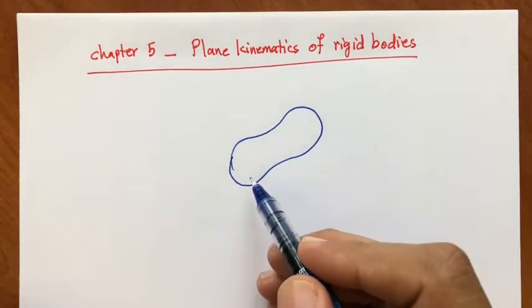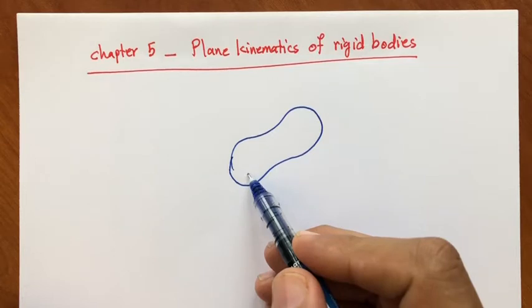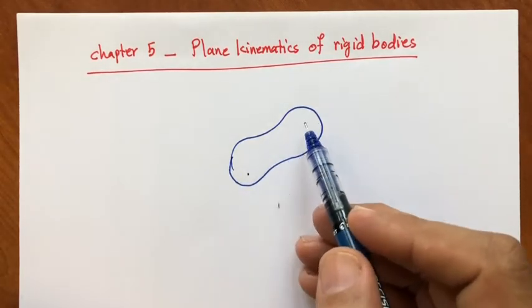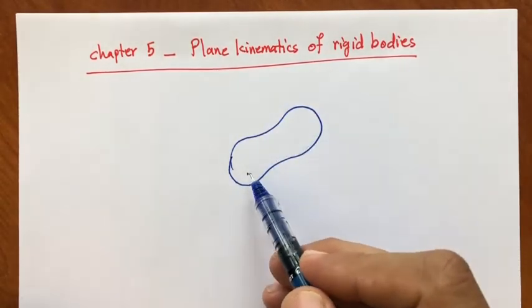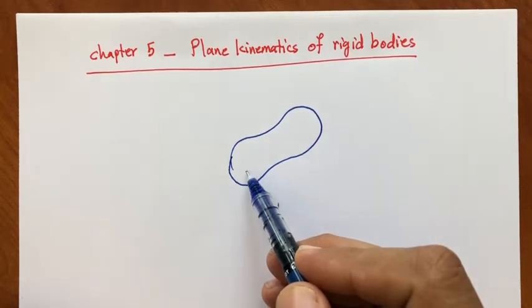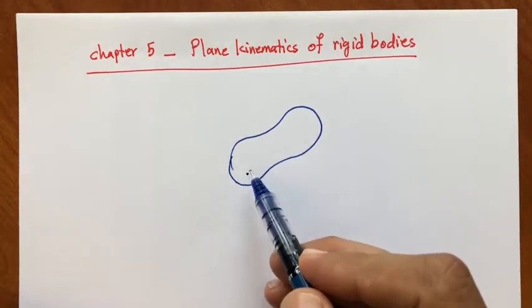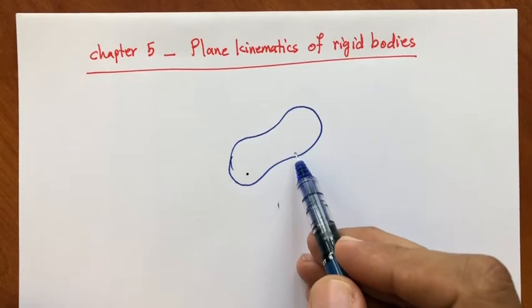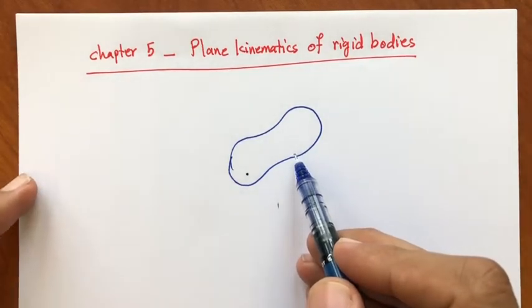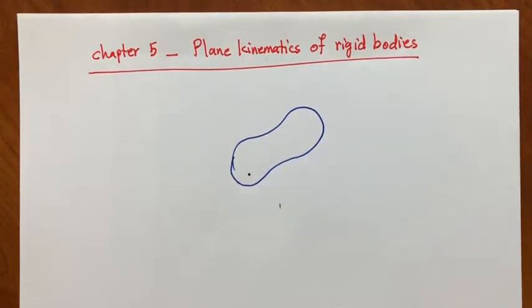For example, if I give you x and y of this point of this rigid body, you can rotate this, right? You can keep the x and y of this rigid body in this place, but you're free to rotate this rigid body. So you can change the orientation of it. In general, we need three variables to describe the position and orientation of the rigid body.